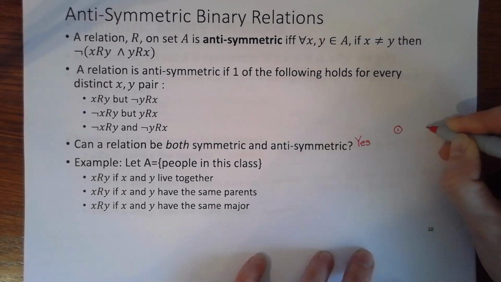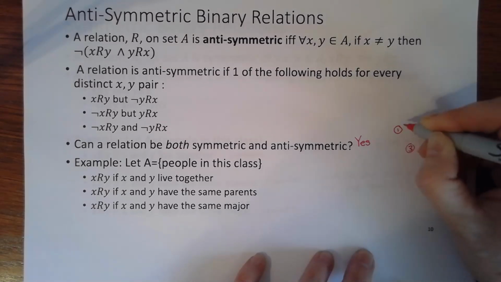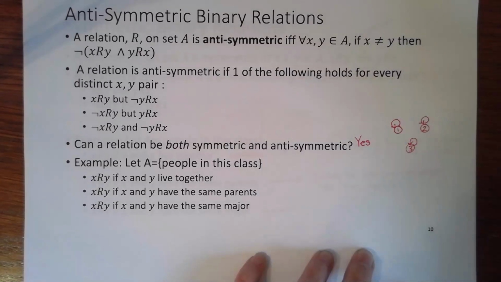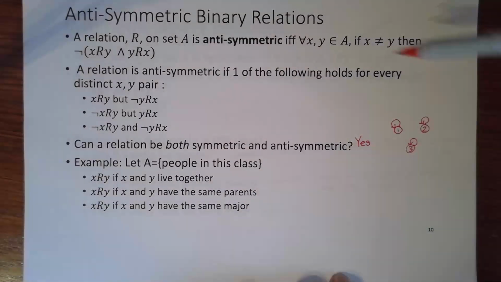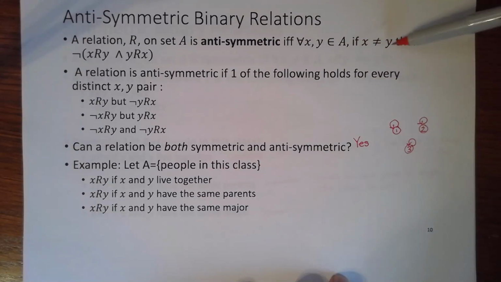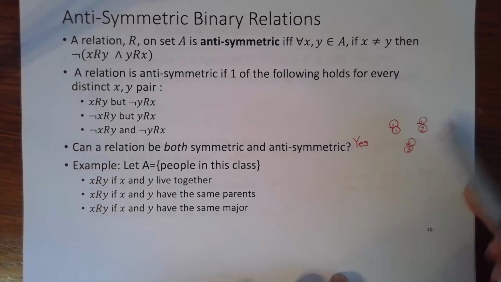Let's say we have just 3 items and all we have is self loops. Okay. So notice that the definition for anti-symmetric says if X is not equal to Y, so we don't ever consider X and Y being the same. So basically, we'd throw out all the self loops and just look at the other edges.